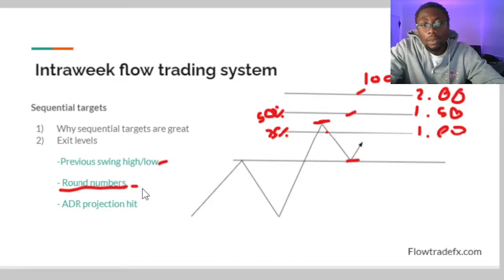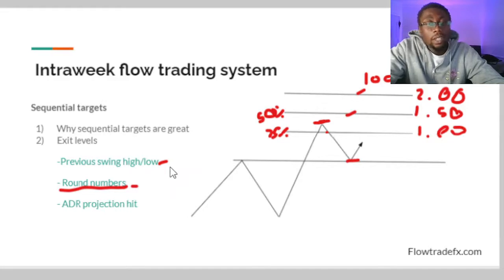That's mainly just given there's more round numbers than previous swing highs that are actually relevant on the chart. Now, I say that loosely, but in most situations, you'll find that there are a lot more round numbers on the charts than there are swing highs and swing lows, especially when you're in these given intra-week scenarios.